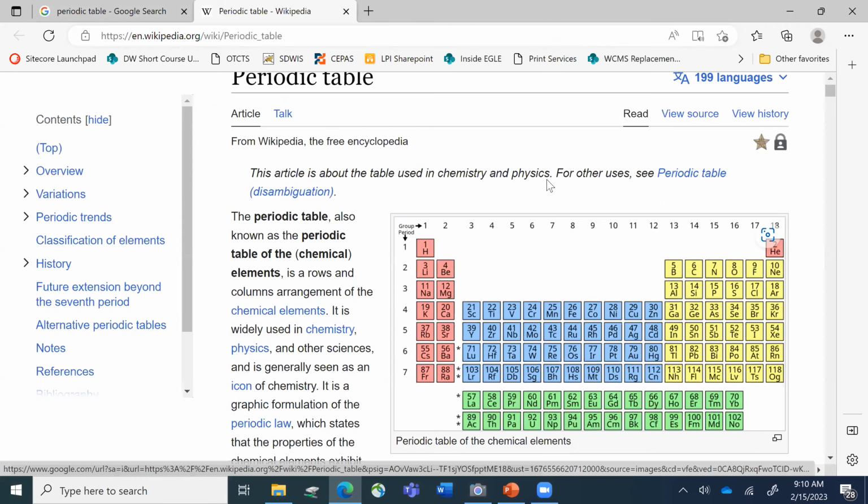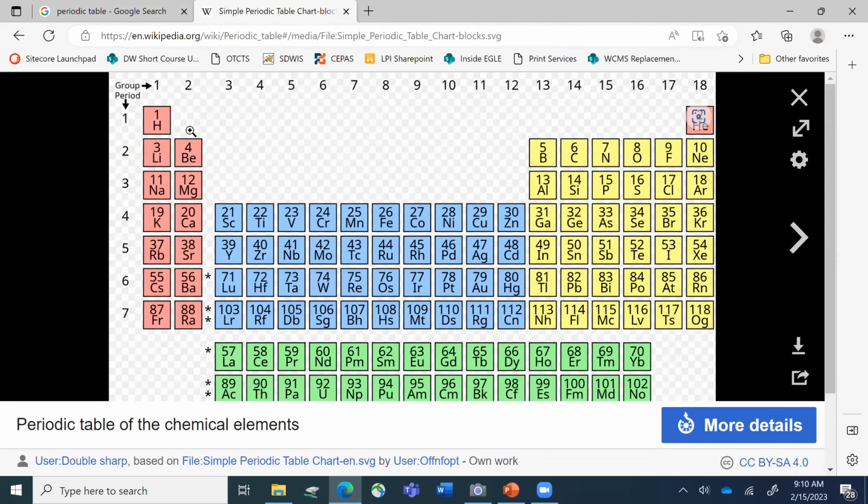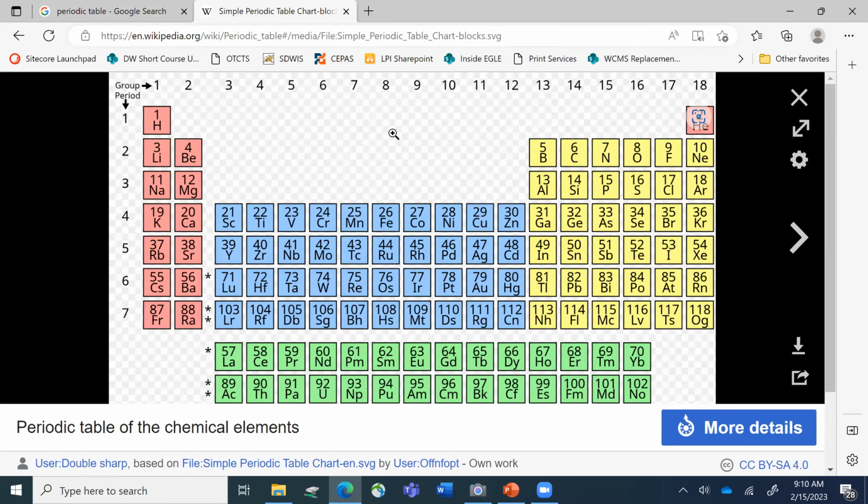Okay, so on the periodic table of elements, let me blow it up so you can all see it. There are 7 atoms that form diatomically, meaning when they are pure, they are 2. Oxygen is one of them. I call them the lucky 7 because you see right here at nitrogen.